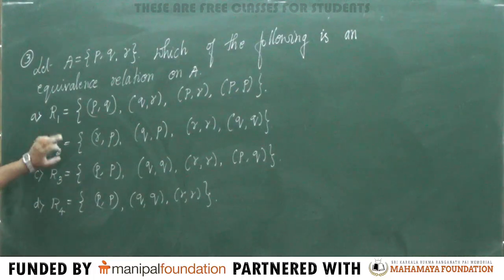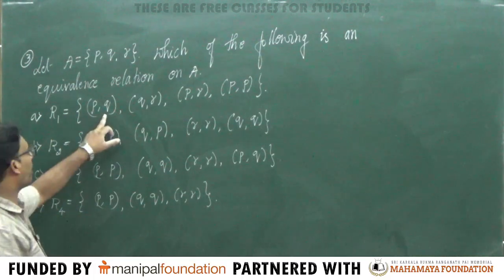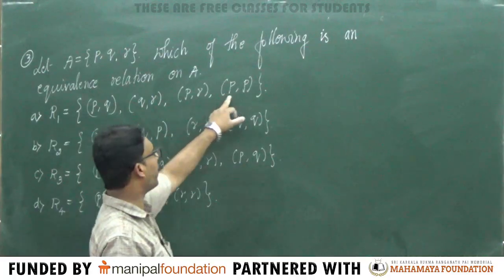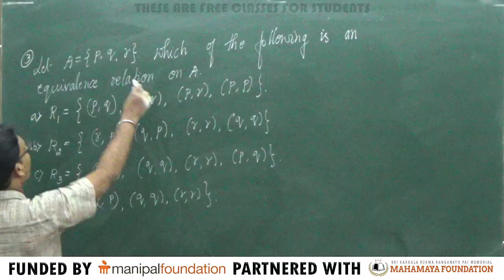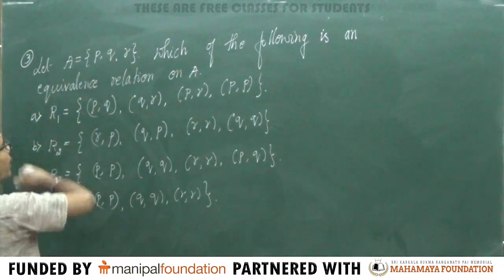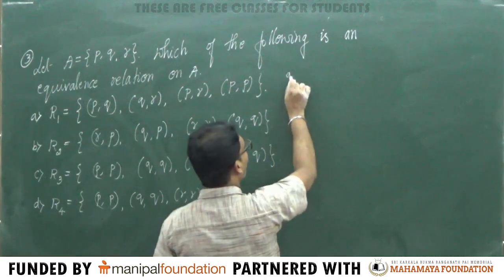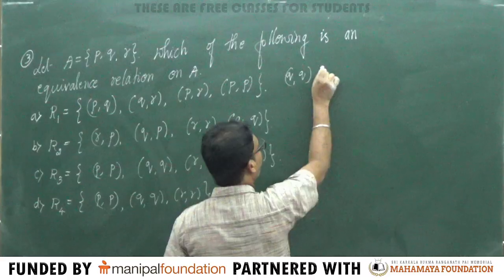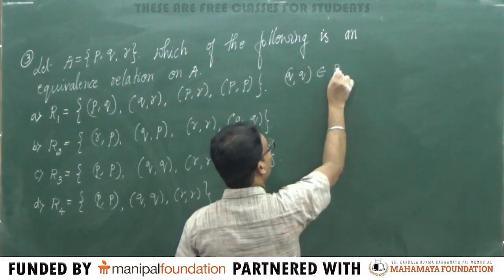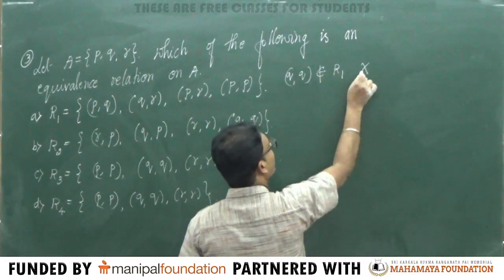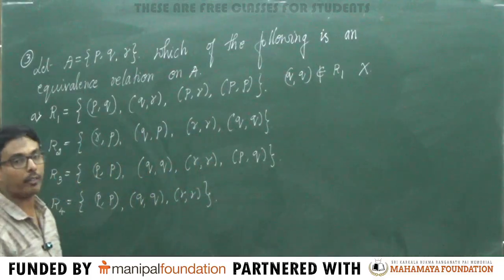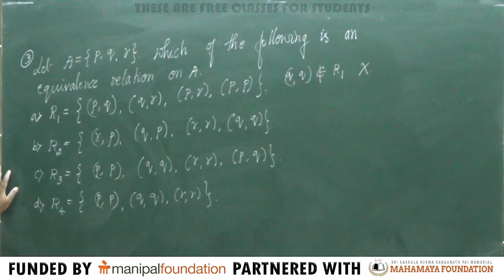The relation R1 contains the ordered pairs (P, Q), (Q, R), (P, R), (P, P). The element Q is present in the set A, but (Q, Q) is not present in the relation R1. Therefore, R1 is not reflexive, hence R1 is not an equivalence relation.